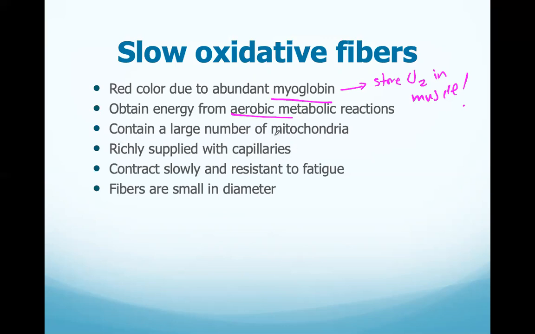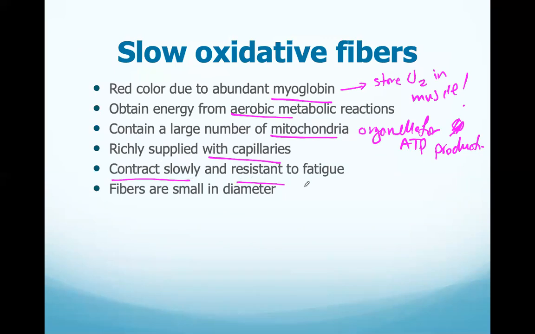It has lots of mitochondria, because mitochondria is the organelle for ATP production. It is rich in blood supply, so capillaries. Again, it contracts slower and is resistant to fatigue. And the diameters of these muscle fibers are relatively small.